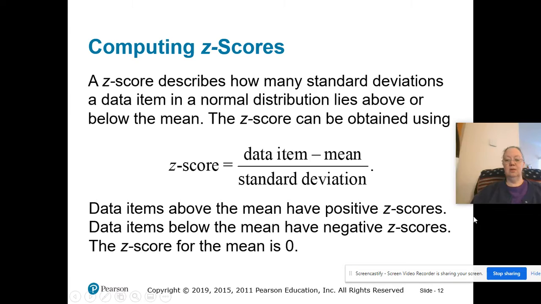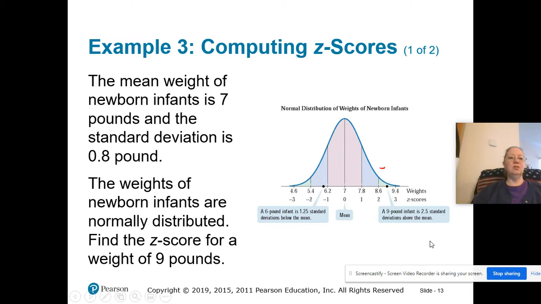Okay. All right. So the mean weight of a newborn infant is 7 pounds and the standard deviation is 0.8. Okay. Mean is 7, standard deviation is 0.8.